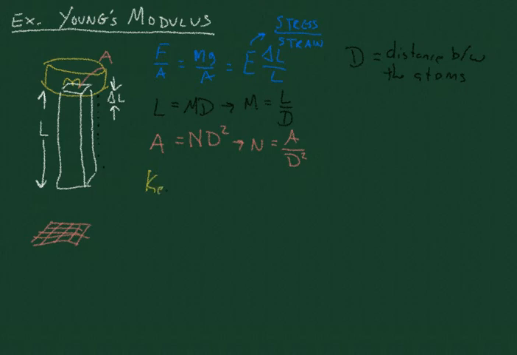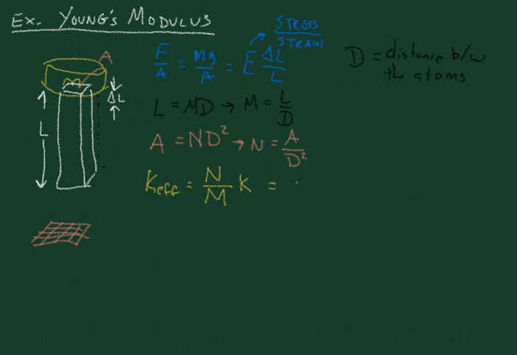So we see that K effective is going to be the number of springs in parallel, N, divided by M, the number of springs in series, times K. And so there would be some effective spring constant K for these particular atoms.